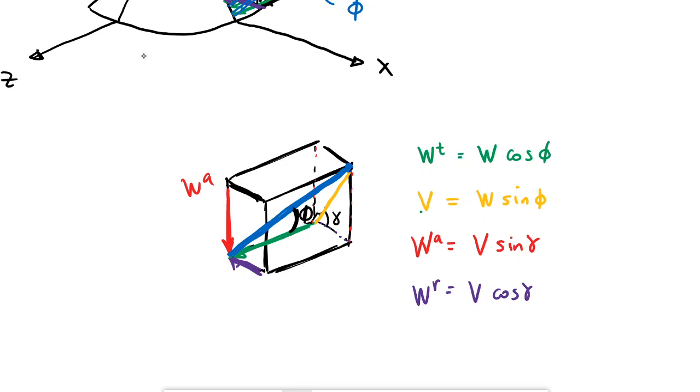It's this one, which is the adjacent to gamma, right? So this would be W sine of phi cosine of gamma, and this one would be W sine of phi sine of gamma, right? And that's what I want for all of them.